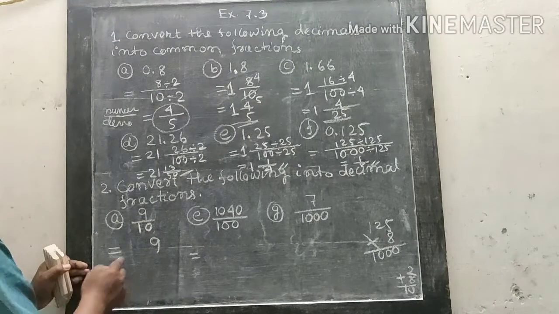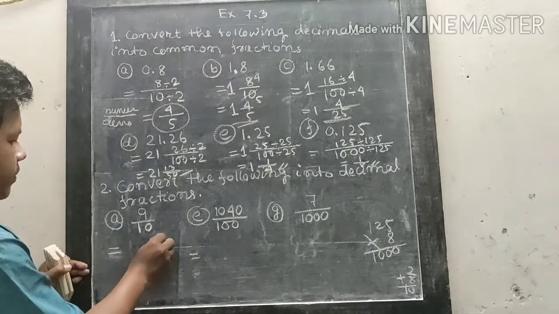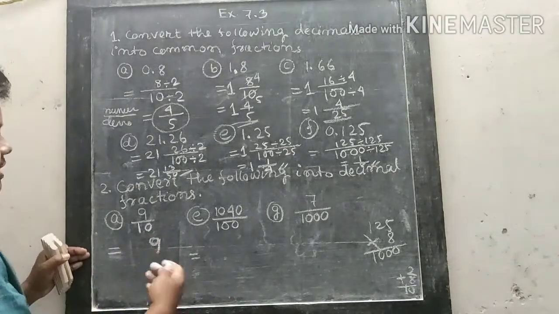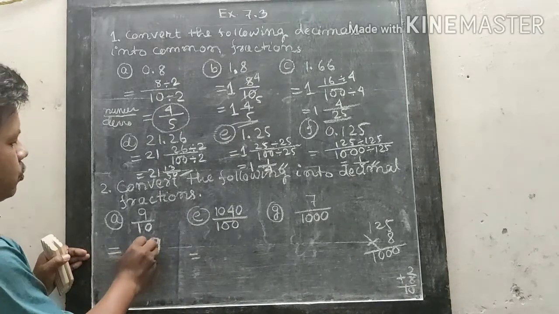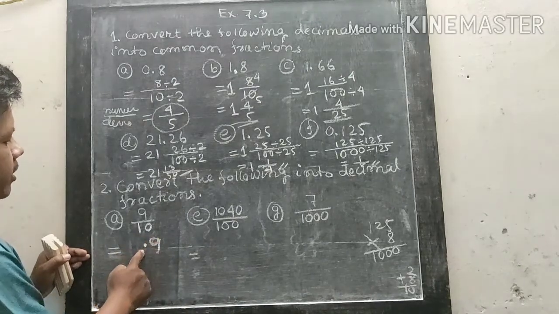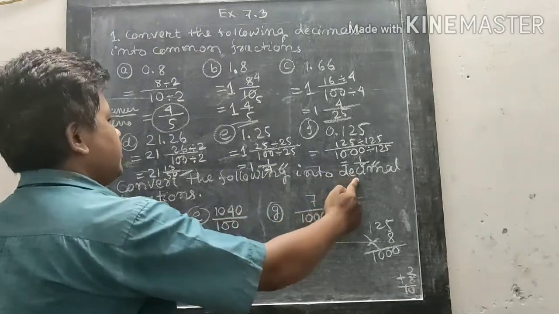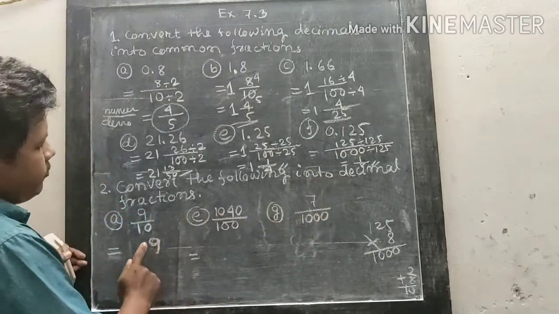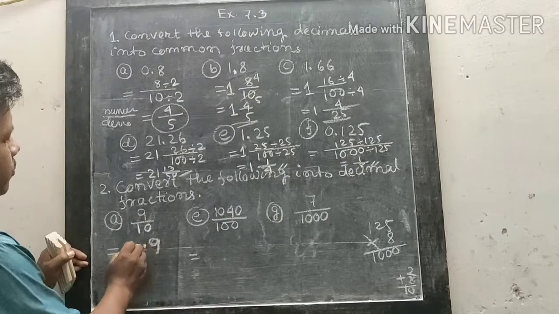Only 1. Then after 1 number from the extreme right we shall put the point. So this is decimal. If we have points, then it is a decimal number.